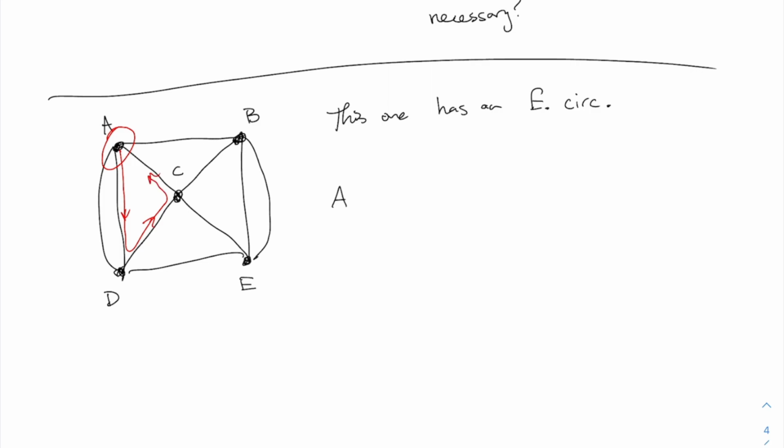And then use the other ones, do A to D again. All right. And then D to E. Okay. E to C. All right. C to B. Okay. B to E. E to B. Mm-hmm. And then B to A. All right. I like that. That looks pretty good to me.